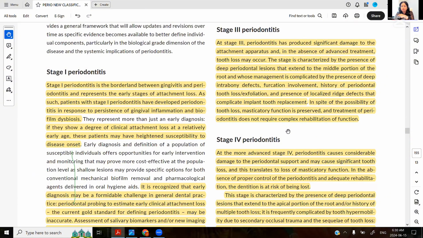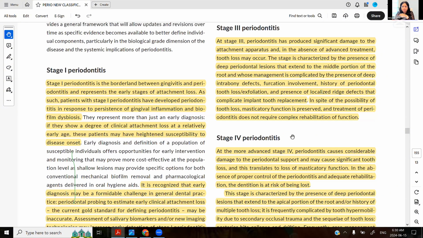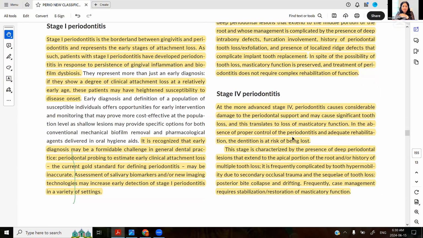If you find in the history, you know what to mark them. Stage defining terms would be called that, right? So are we going to miss that golden keyword ever in the history? The drifting, the flaring, or the masticatory function loss? These are your golden keywords immediately helping you in the history to identify.